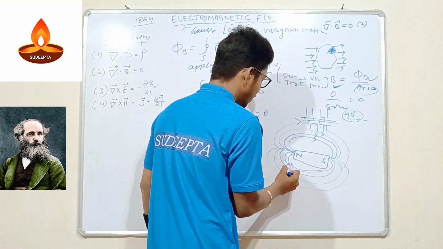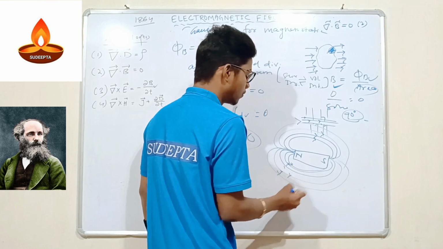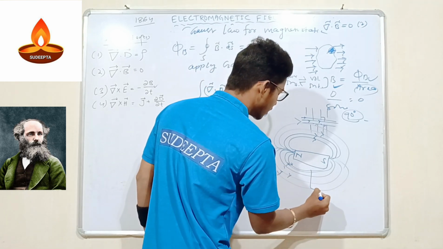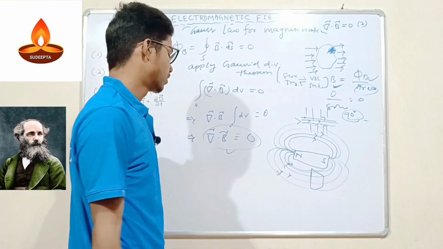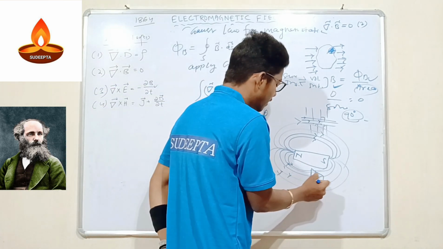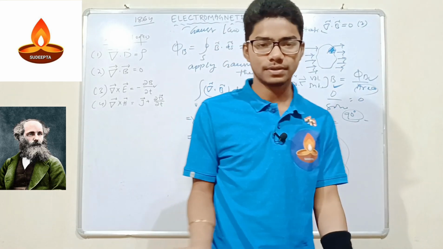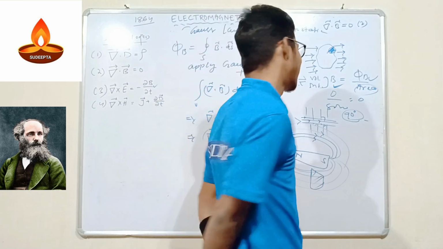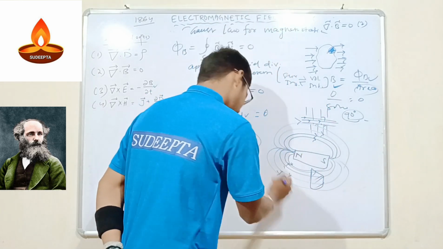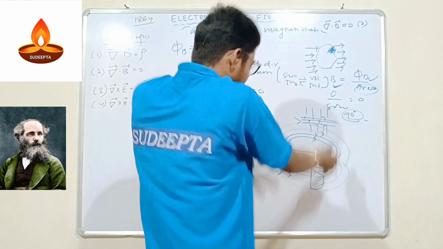If I take any closed loop in between them, let's say this is the dS, a closed surface, then it can't vary the magnetic field. It will go from north to south irrespective of what you put inside.